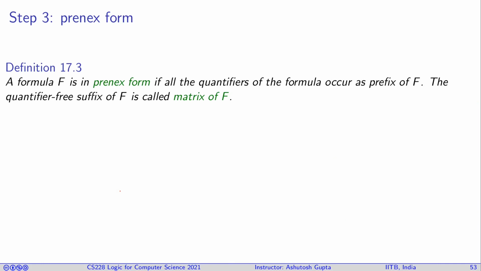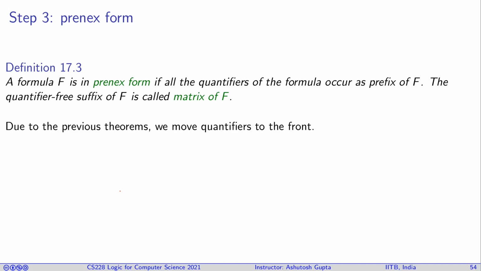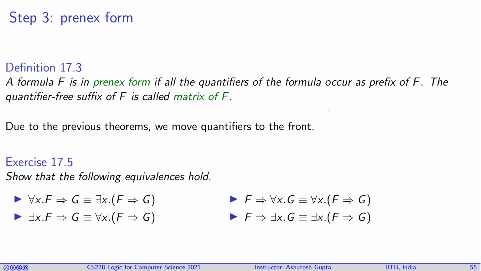So formula f is in prenex form if all quantifiers of the formula occur as a prefix of f. The quantifier-free suffix of f is called the matrix or body of f. Due to the previous theorem, we can move quantifiers to the front, so this is allowed.